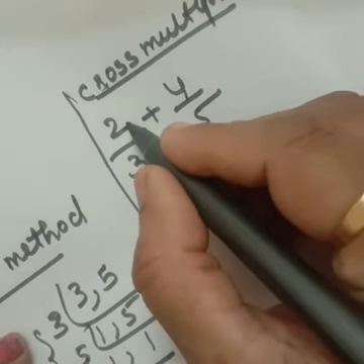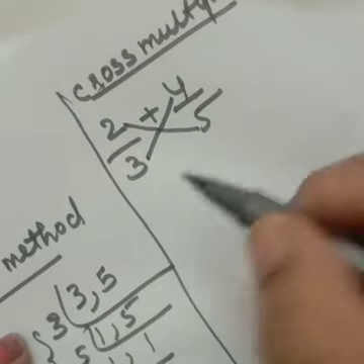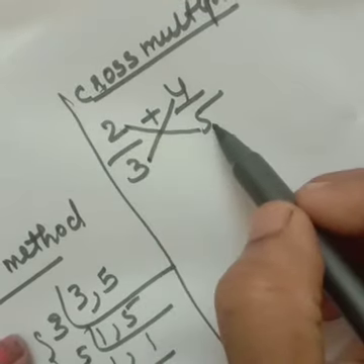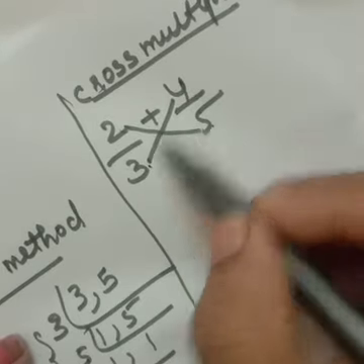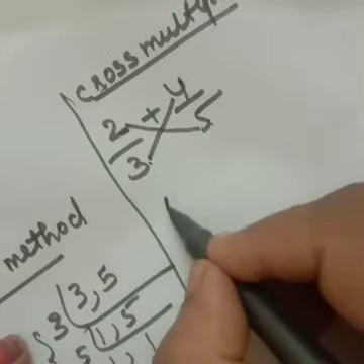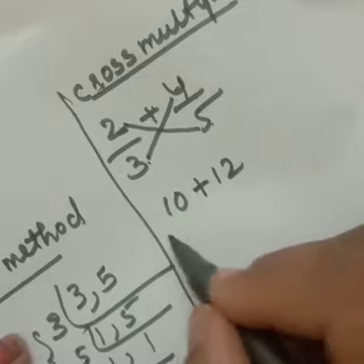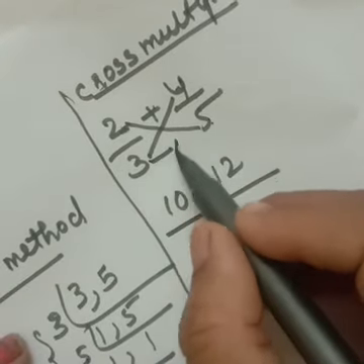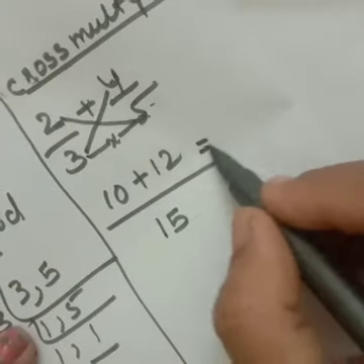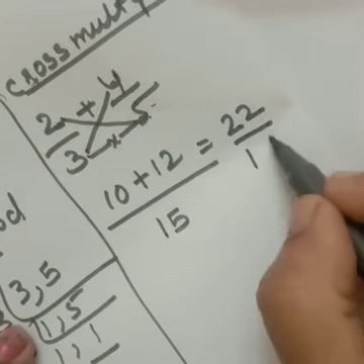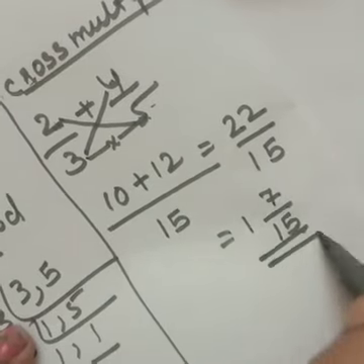Cross multiply means first numerator with the second denominator, second numerator with the first denominator, crossing. Okay. 2 5s are 10, 4 3s are 12, plus sign. Your denominator, multiply both: 3 5s are 15. Then 22 divided by 15, that is 1 and 7 by 15.